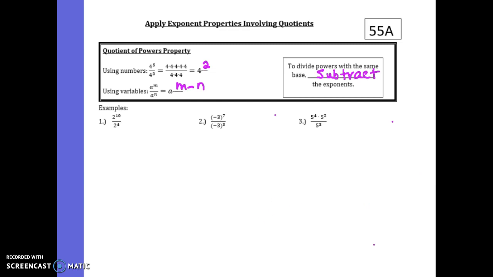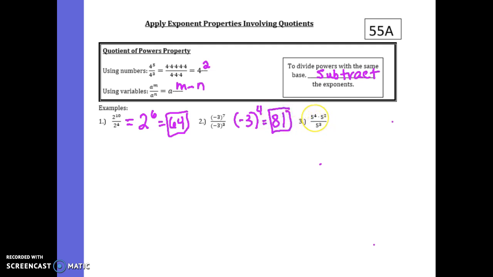Looking at the examples we have down here, if we had 2 to the 10th power divided by 2 to the 4th power, 10 minus 4 is 2 to the 6th power, and 2 to the 6th power is actually 64. If we had negative 3, notice it's in parentheses, if we take 7 and subtract 3, we're going to get negative 3 to the 4th power, and that's equal to 81.